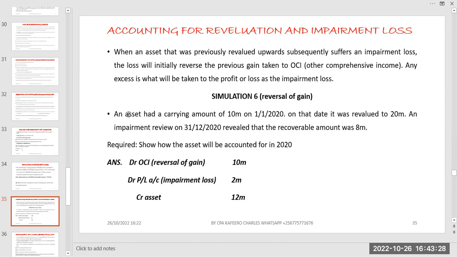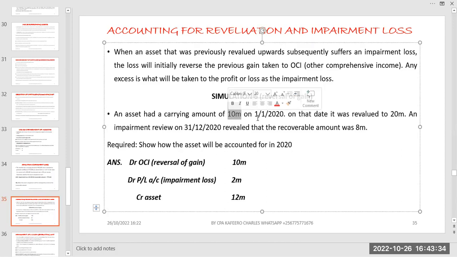We are saying that an asset had a carrying amount of 10 million on this date, but on that date it was revalued at 20 million. On 1st January 2020, it was revalued at 20 million.